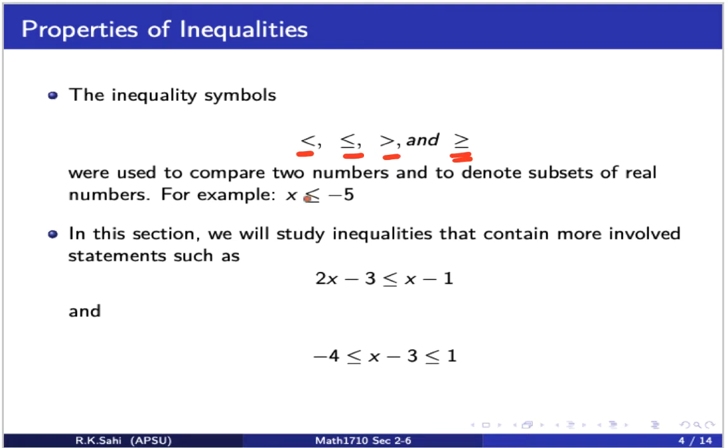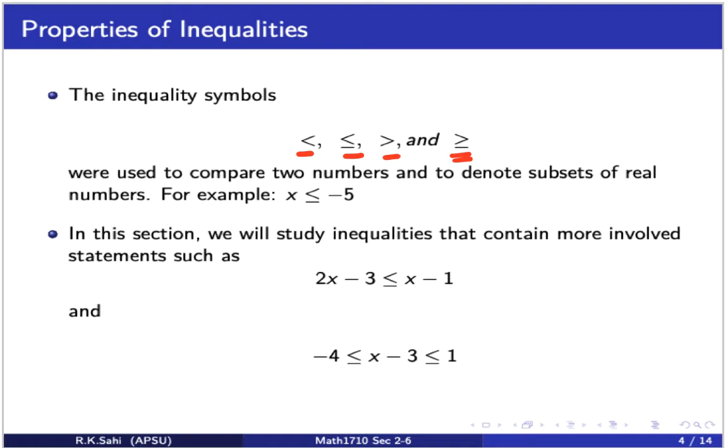For example, x is less than or equal to -5. But here, we are going to study inequalities which contain more involved statements, such as 2x minus 3 less than or equal to x minus 1, or we can have -4 less than or equal to x minus 3 less than or equal to 1.